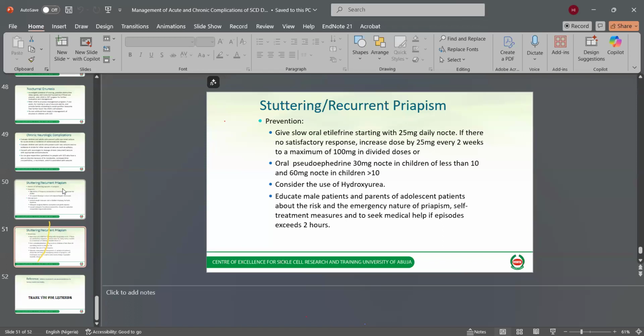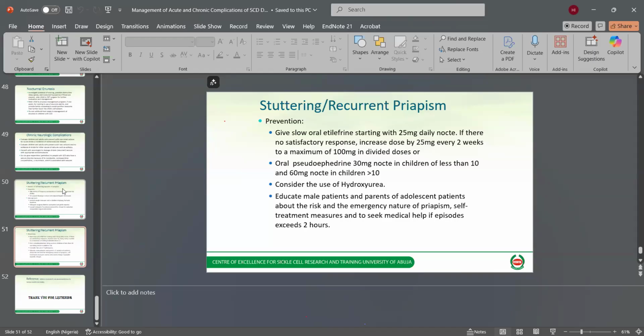So in summary, we've looked at both acute and chronic complications, and we've seen that complications can involve every organ of the body, and we've emphasized at each point that multidisciplinary management is very important and it gives a better outcome.